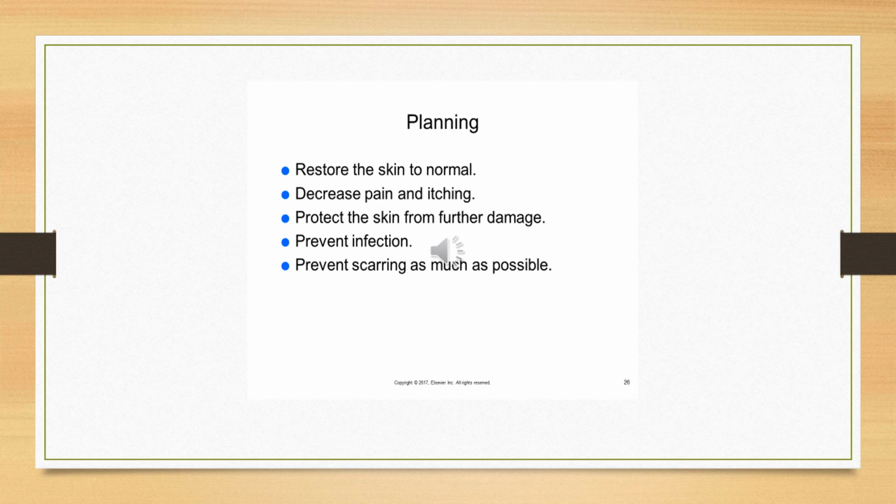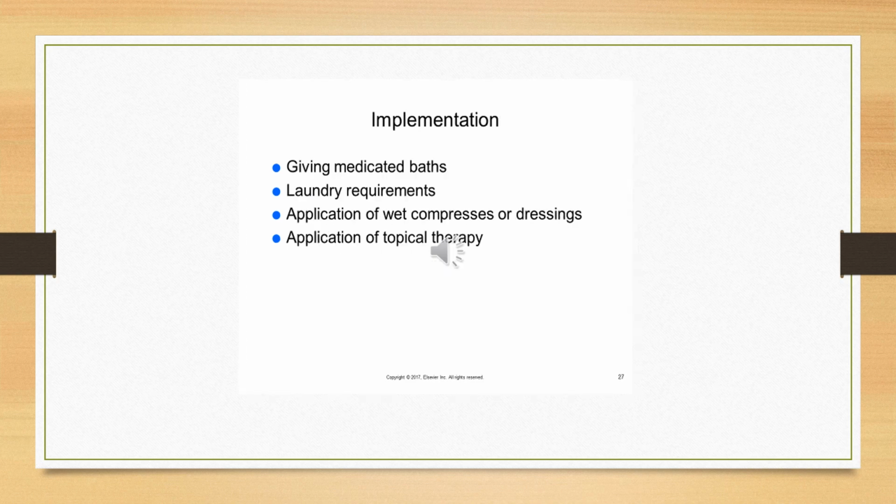We're going to do things to try to prevent infection for our patient, prevent any further skin damage, and try to prevent scarring if at all possible. So different things might be used to promote healing and prevent spreading of skin disorders.